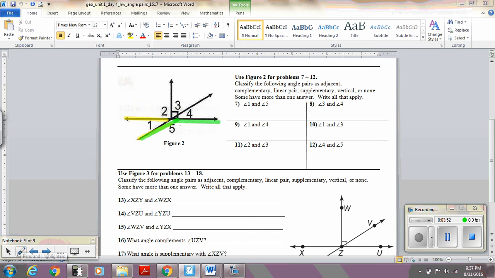They share a wall, so they're adjacent. Together, they form a straight line, so that means it's a linear pair. And since it's a linear pair, it's automatically supplementary.